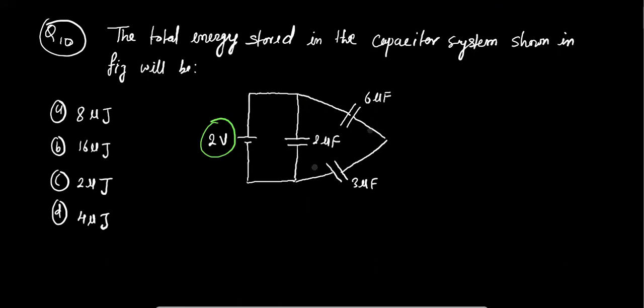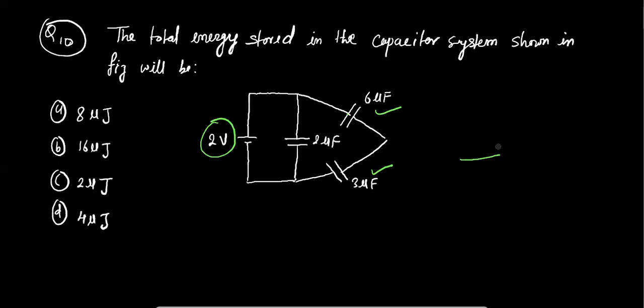This is quite easy because if you see here, this 6 microfarad and 3 microfarad are in series combination, and their equivalent capacitance is in parallel combination with this.